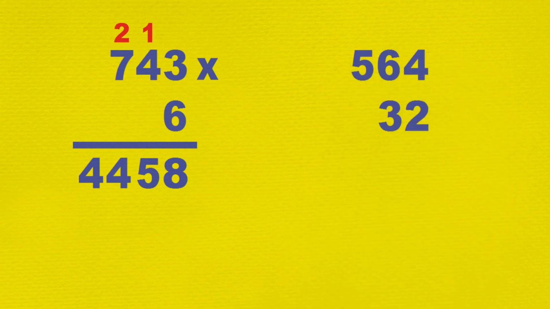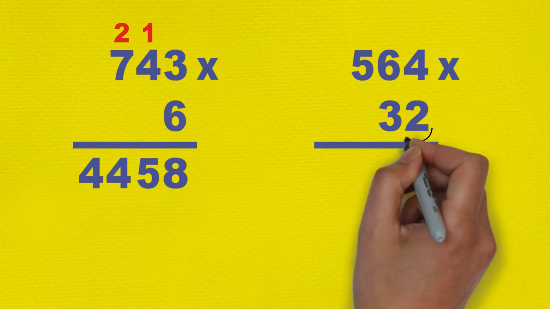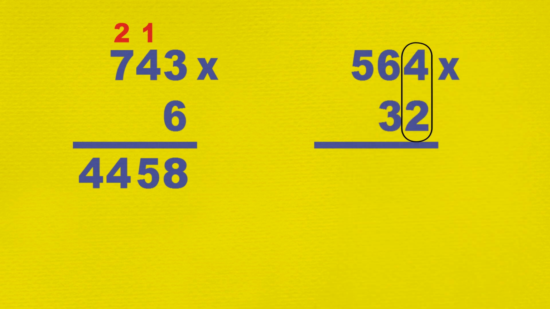Using this method again, this time to multiply by a two-digit number, say 564 multiplied by 32, we set it out like this. We first multiply 564 by the 2, which is in the units position. Then we multiply it by 30, that is, the 3 which is in the tens position. So, 2 times 4 equals 8, which we write under the line in the units position.